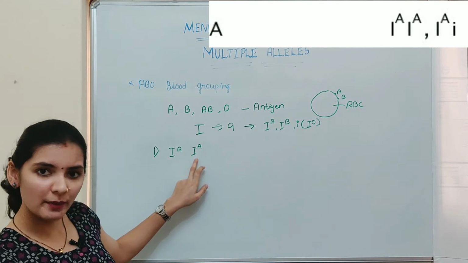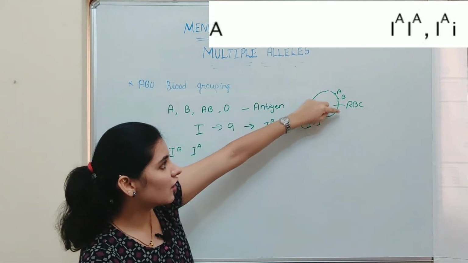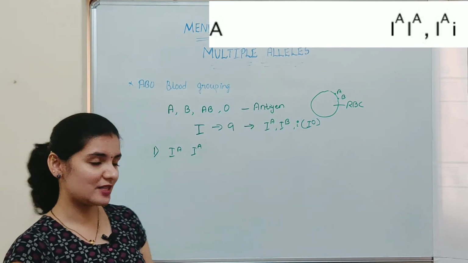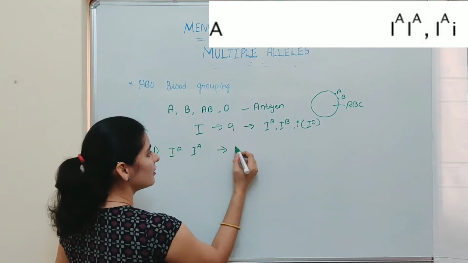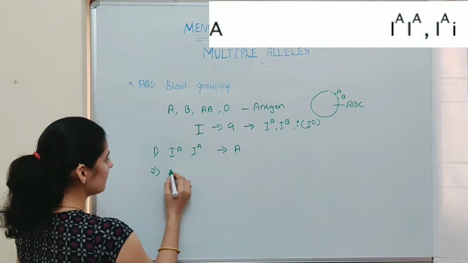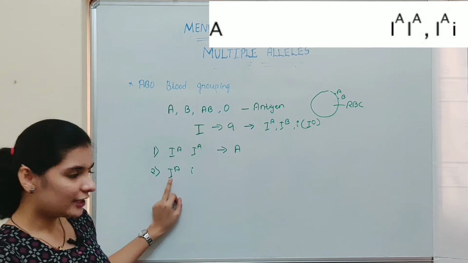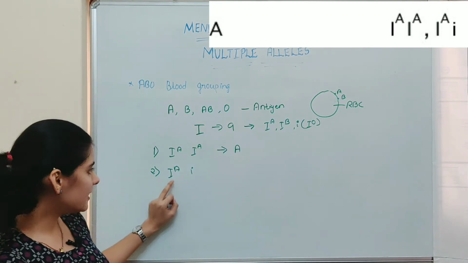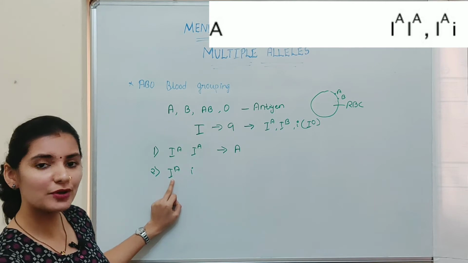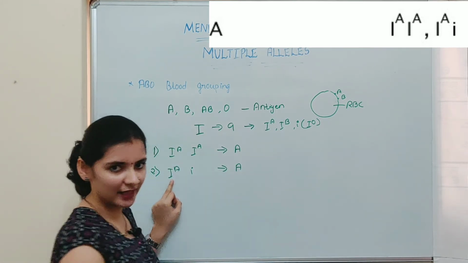Both alleles are dominant and this allele has the capacity to produce A antigen on the plasma membrane of RBC. So the blood group of this individual is A blood group. Another combination is IAi. So here the IA allele dominates over small i, and this IA allele has the capacity to produce A antigen. So therefore the blood group is A.